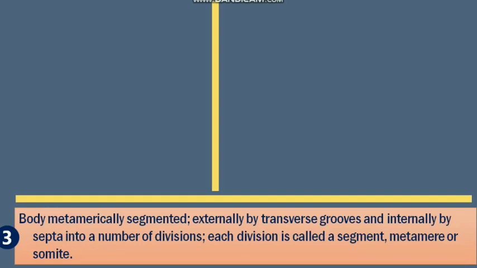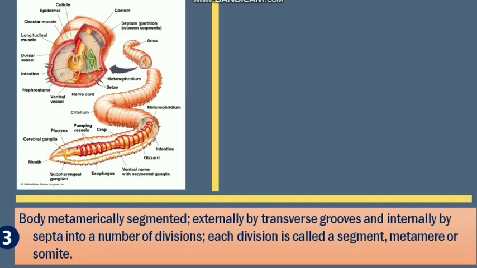So you can see in this figure, the outer or external segmentation is characterized by the groove that is present here. And inner segmentation is characterized by the presence of intersegmental septa. So each metamere is internally separated from one another by a septum.